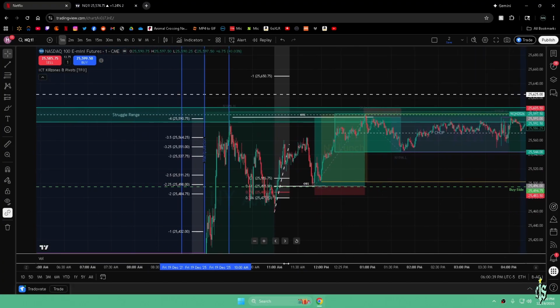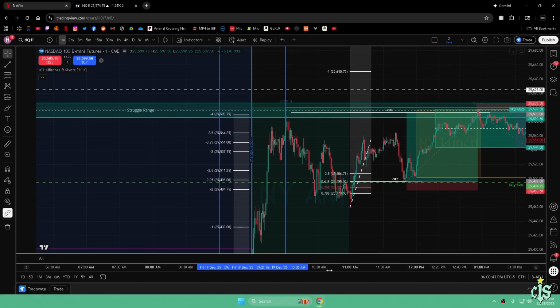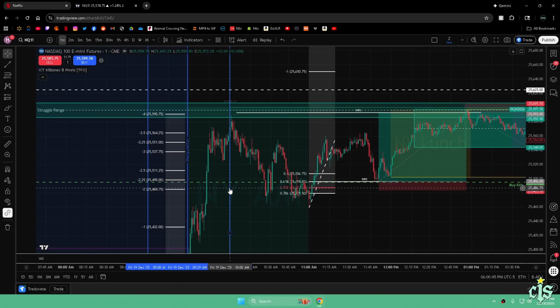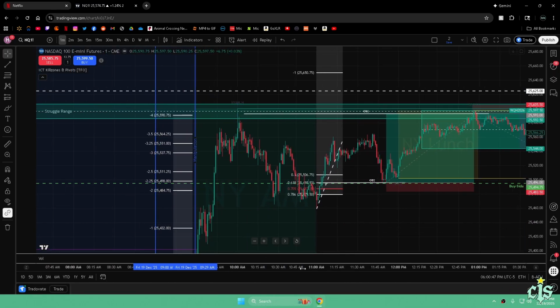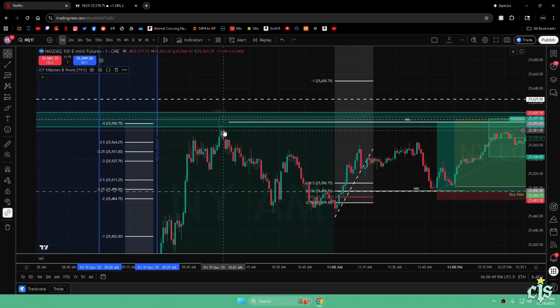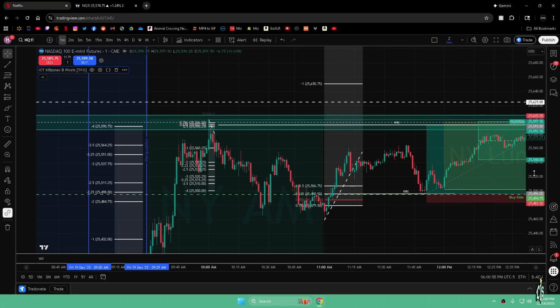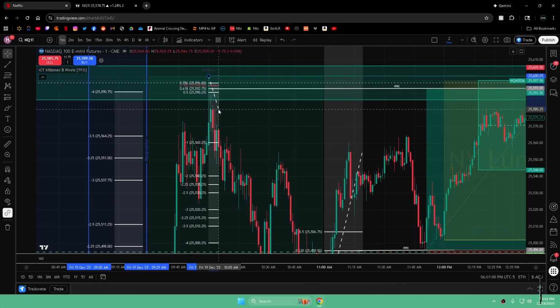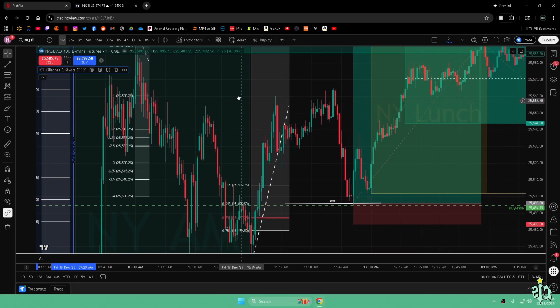Then if we take a look at our 10 o'clock, we get a high push with this manipulation wick. So what I did was I mark out the wick to the body close, and we have another OTE range right here, right?